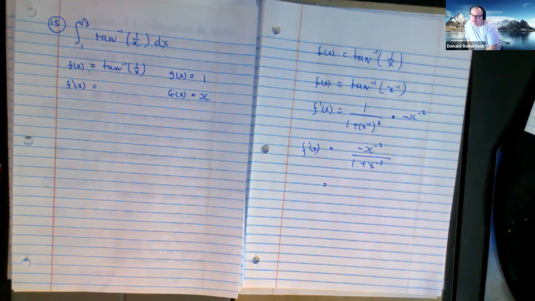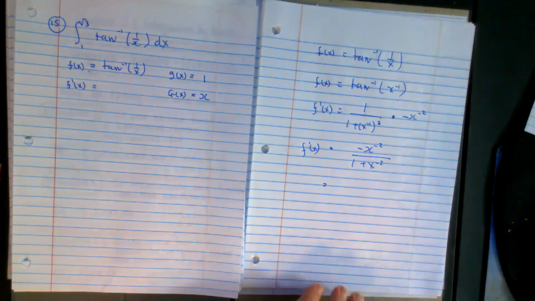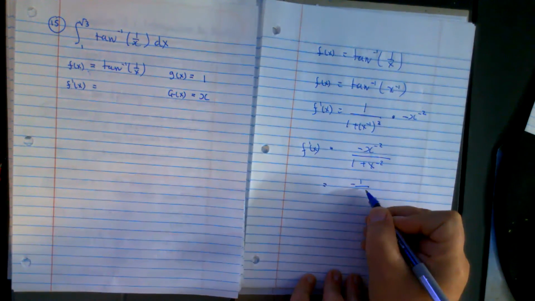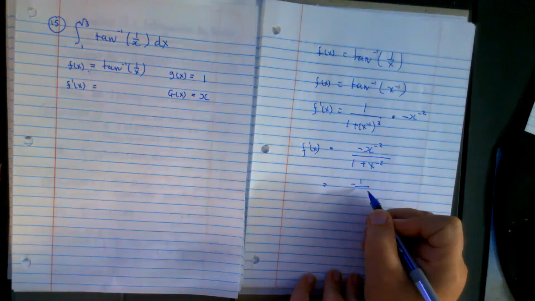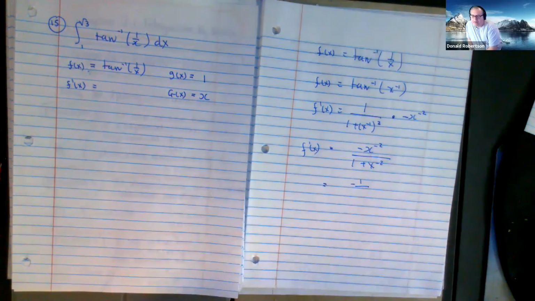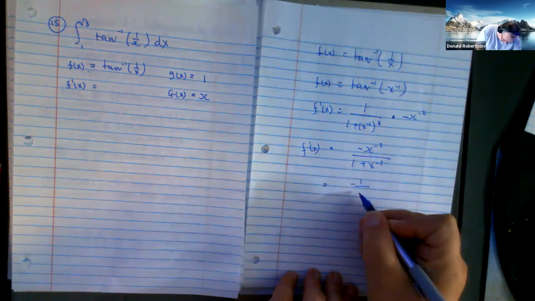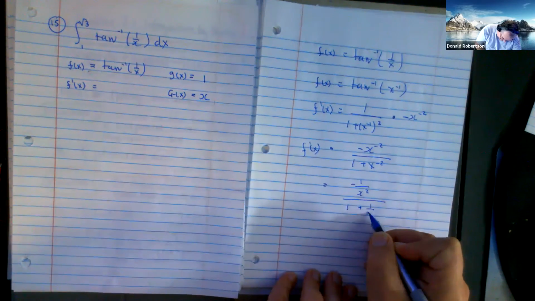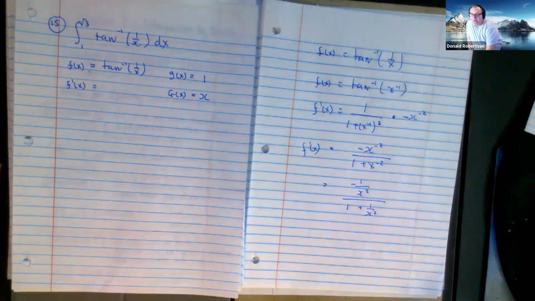It's an algebra issue. Negative 1 over 1 plus x to the negative 4th. No, not that one. I like the thought you're thinking. I thought you were about to do that. So let's do that.